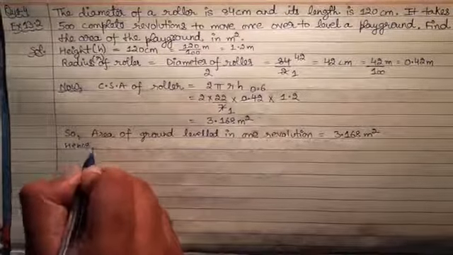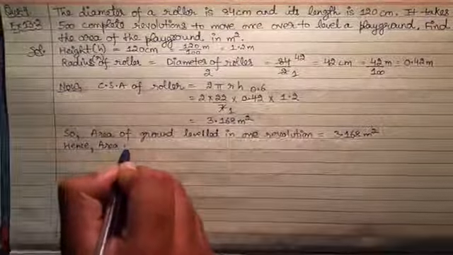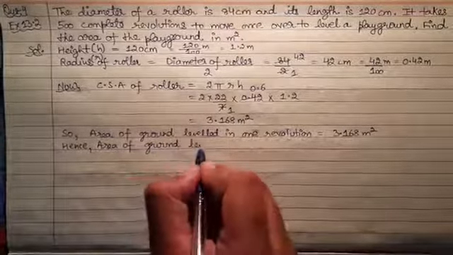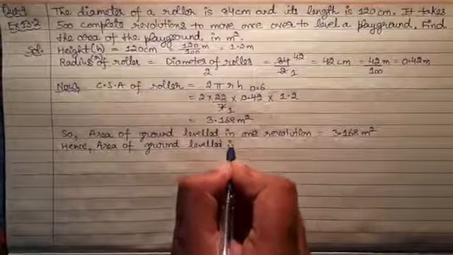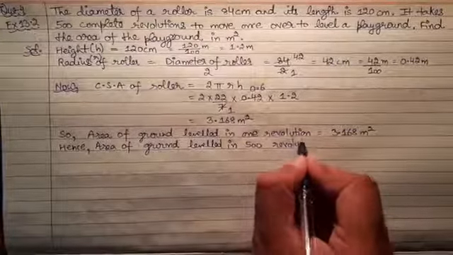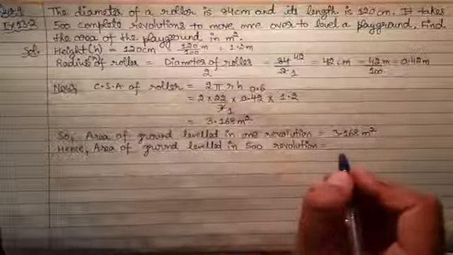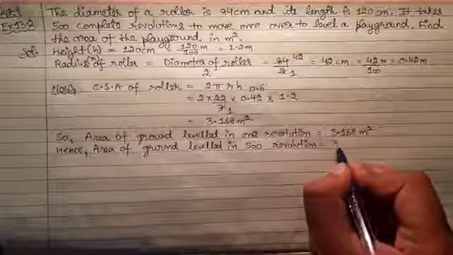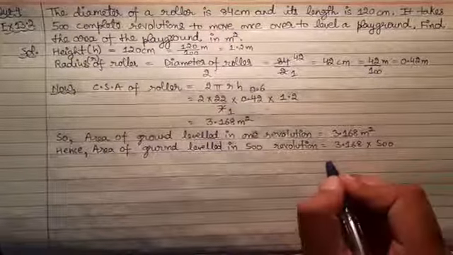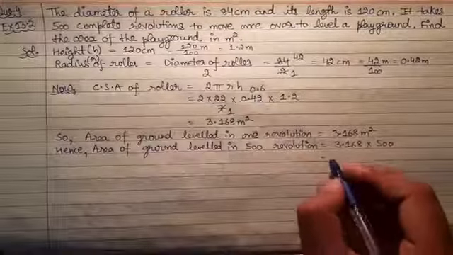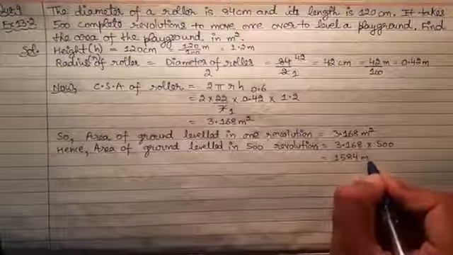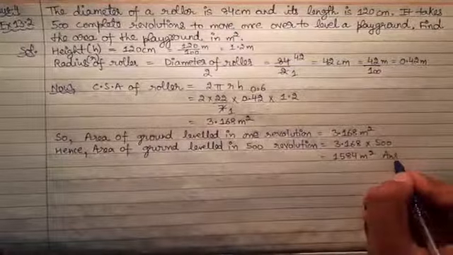Hence, area of ground leveled in 500 revolution is equal to, we multiply 3.168 with 500, so we get 1584 meter square, which is your required answer.